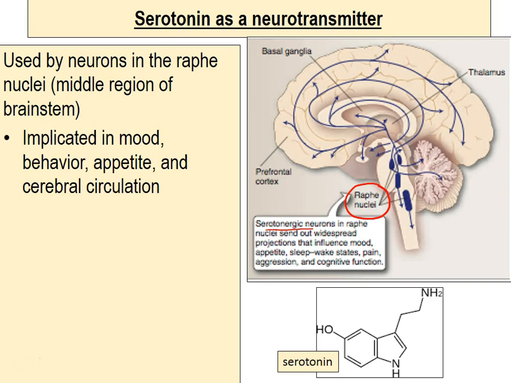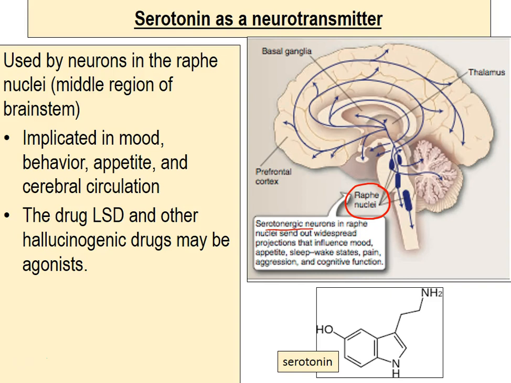Serotonin has been implicated in mood, behavior, appetite, and cerebral circulation. LSD and other hallucinogens may actually be agonists of serotonin. Serotonin is sort of a neurotransmitter that makes you feel that you are in a steady state.